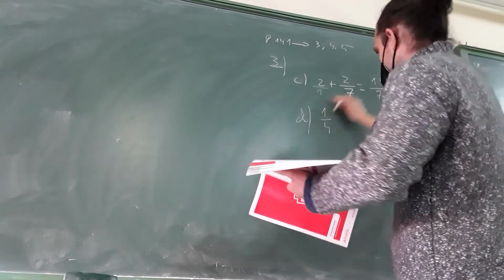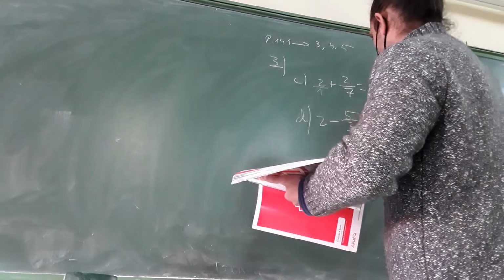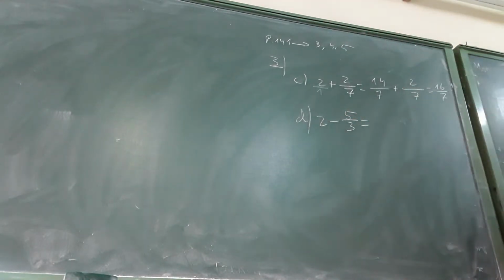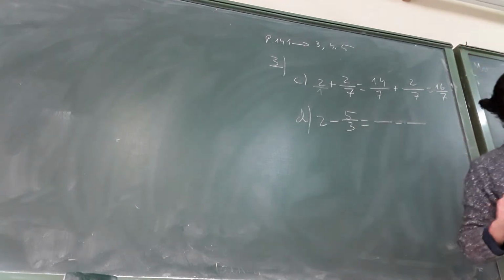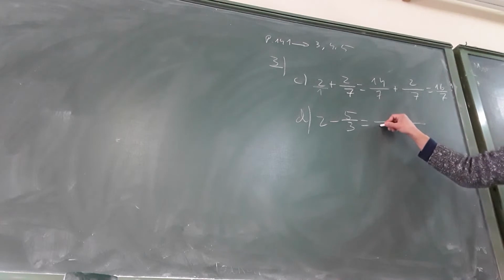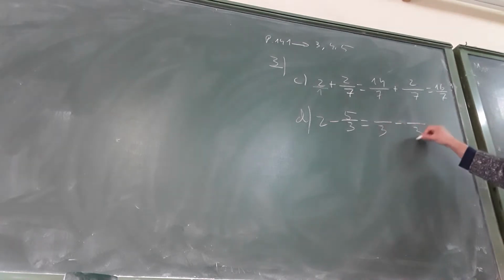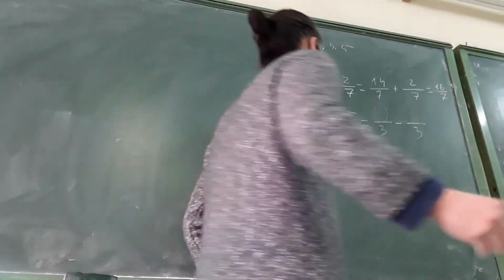1/4. No, sorry. This is exercise 3. 2 minus 5 thirds. Okay, Mohammed, what is the lowest common multiple? Number down here at the bottom. Number 3. Yes, number 3. Then the number here at the top of the first one. 6.